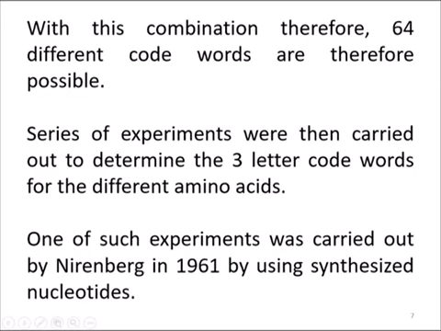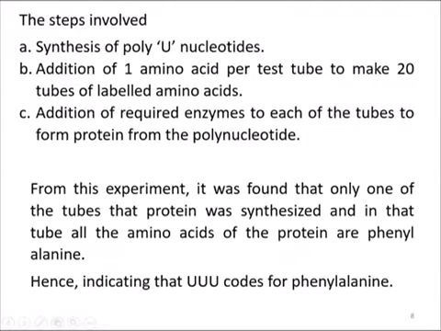The steps involved synthesis of polynucleotides, addition of one labeled amino acid per test tube to make 20 tubes, and addition of the required enzymes to each tube to form protein from the polynucleotide. From this experiment, it was found that only in one of the tubes was protein synthesized, and in that tube all the amino acids of the protein were phenylalanine, hence indicating that UUU codes for phenylalanine.